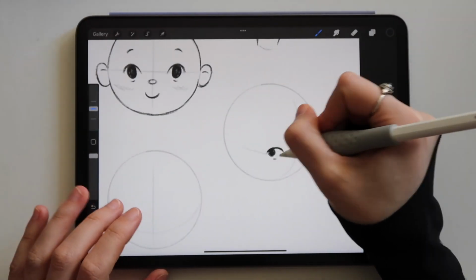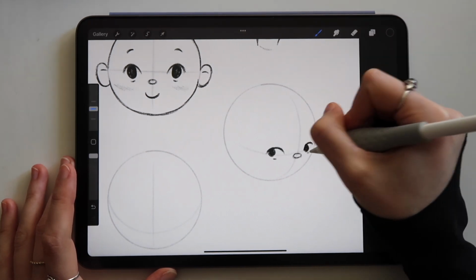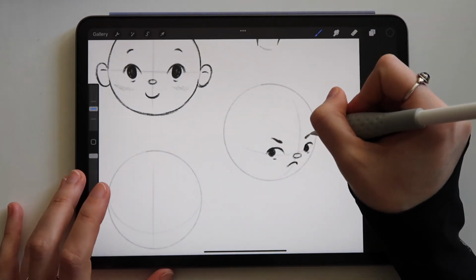Okay, now let's speed up the process a bit while I complete the wheel with more expressions.